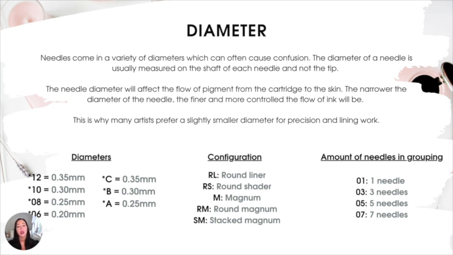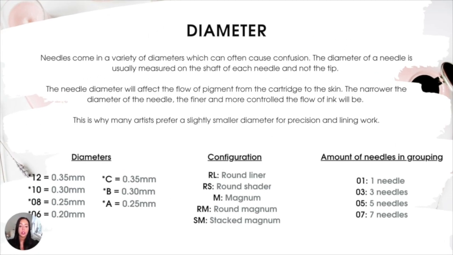So when we're looking at our labeling, what we want to do is break down diameter, configuration, and grouping. This is how you're going to read your labels no matter where you buy them from. So diameters will show us 6, 8, 10, 12, or they'll be 20, 25, 30, 35, or A, B, and C. Unfortunately, they don't all use a standard labeling code.